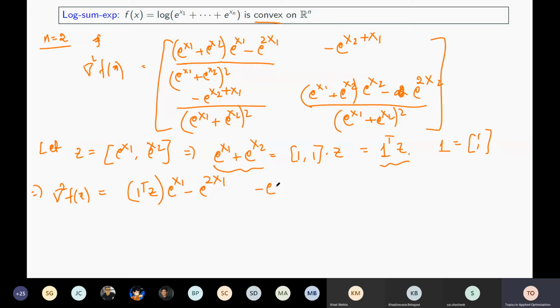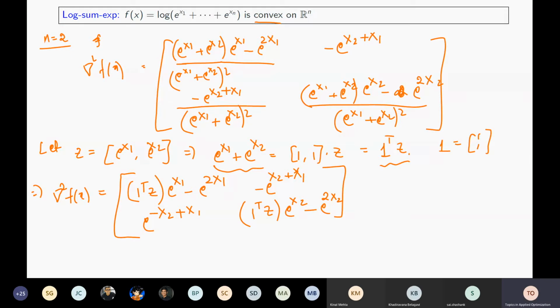And then this is minus e to the x2 plus x1. So this term remains as it is, e to the minus x2 plus x1, and then we have 1 transpose z times ex2 minus e to the 2x2. Okay, so our Hessian now looks like this in a compact form.